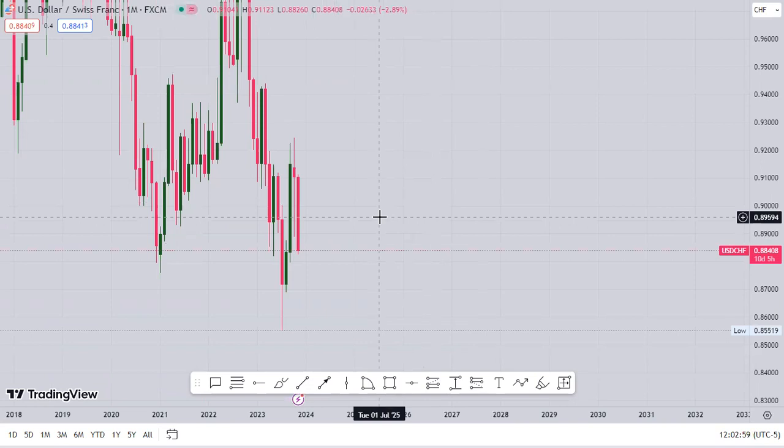So if the monthly is selling and you go down to, let's say, weekly or daily, and maybe the daily or weekly is buying, then you need to be careful that you cannot hold your position for long, because the price action in monthly, which is a higher time frame, can have more force to change the direction of your daily. So you need to be careful. That's why we start our directional bias by going to the monthly.